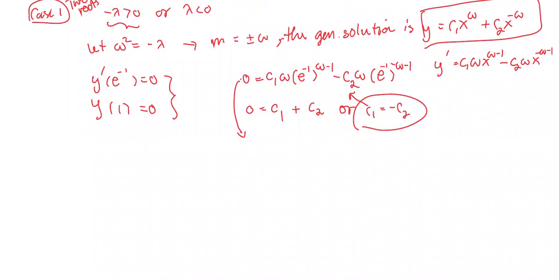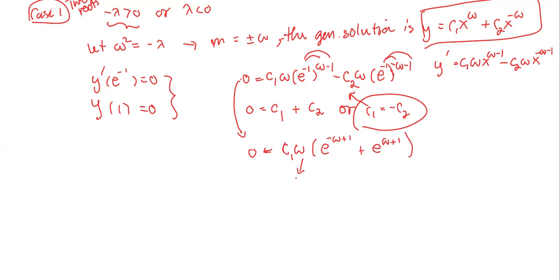So then we get 0 equals C1 as a common factor, and also omega, and e to the negative 1 times omega, negative 1 times negative 1, which is negative omega plus 1, plus e to the same way here, omega plus 1.